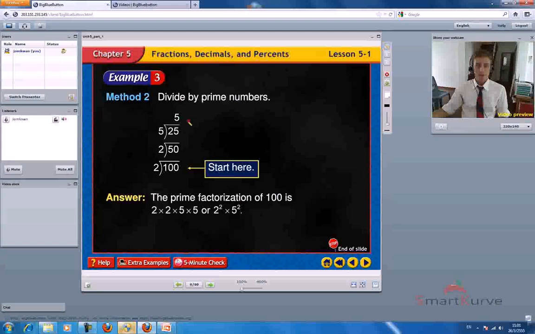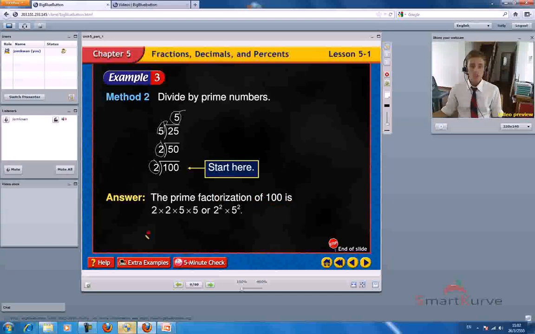The second way to do it is to divide by prime numbers. So we have, right here, 100 divided by 2. 2 is a prime number. That gives us 50. Divided by 2 again, that gives us 25. Divided by 5, that gives us 5. We then look at these numbers that we divided by and the last remainder.